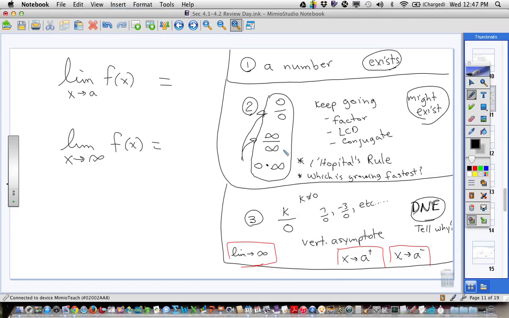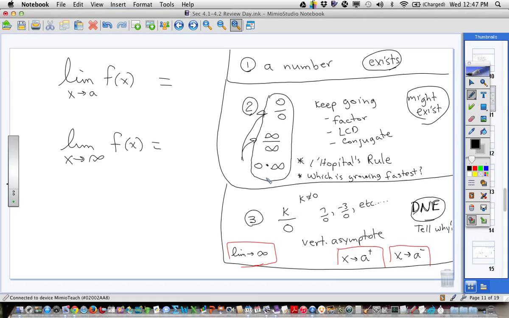The reciprocal of a really big number is a really small number, and the reciprocal of a really small number is a really big number. So 0 and infinity are like reciprocals. If you flip 0 down with its reciprocal, now you've got infinity over infinity. Or if you flip infinity down with its reciprocal, you have 0 over 0. So that's how you turn this into this.